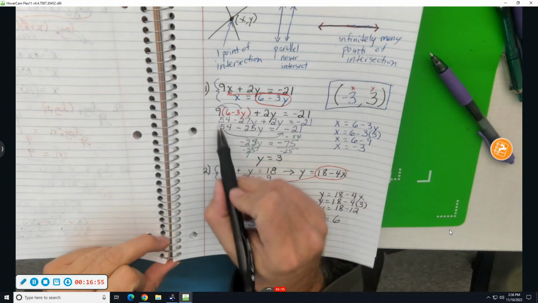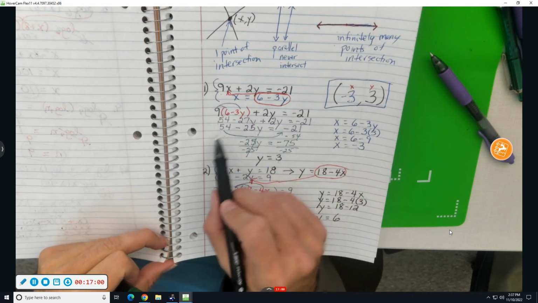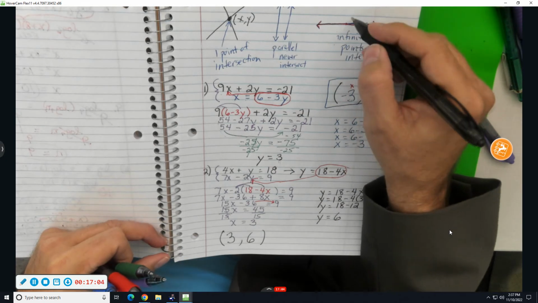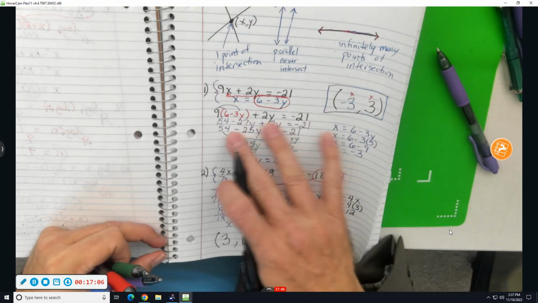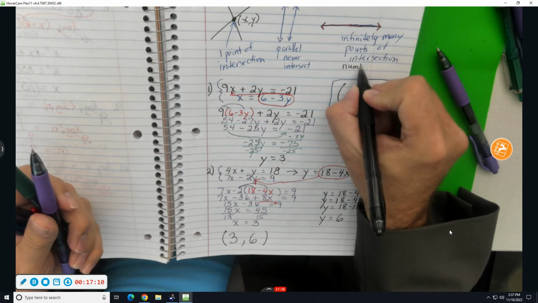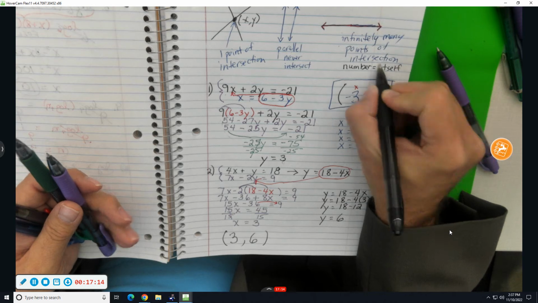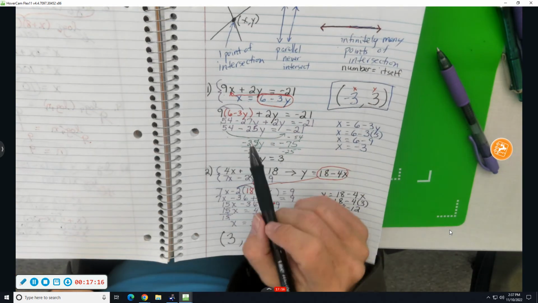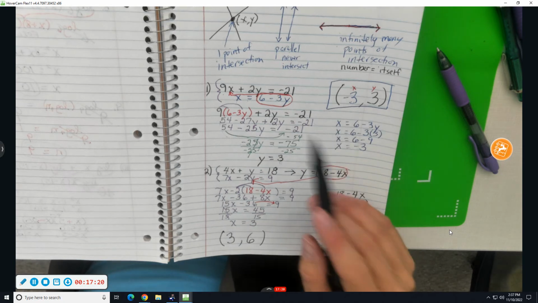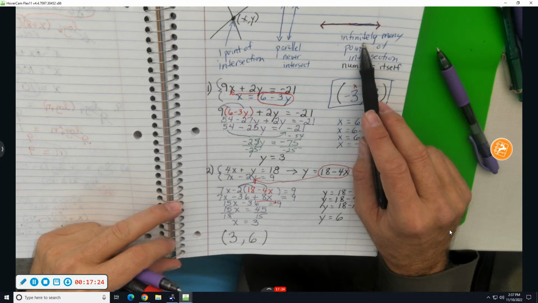When you're going through all this work, if everything subtracts out and you wind up with a number equal to itself, something like 3 equals 3, that means it's infinitely many.